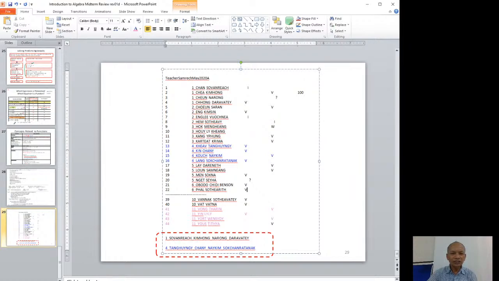Student Savann Reach, Kim Hong, Norng, Tarawatey will do version 1. Student Tang Huyngy, Channy, Nai, Kim Sok Chanreatana will do the exam version 4 here. Okay, now you understand.